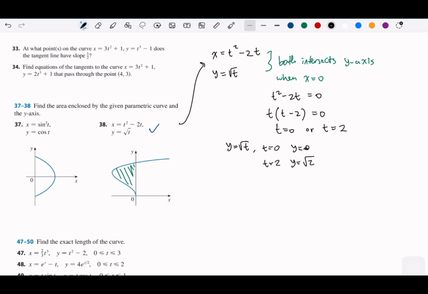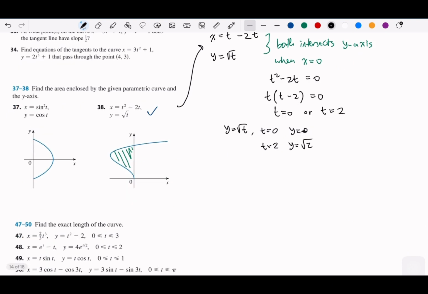So the shaded area will be from 0 to 2. I will write, as in Calculus 1, the curve on the right minus the curve on the left, dy.